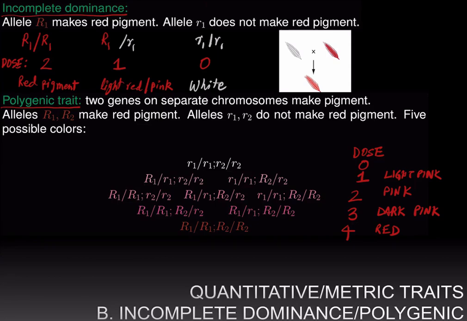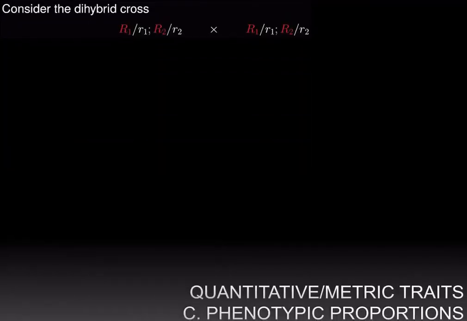So in order to see how intermediate values or intermediate doses are the most frequent, let us compute the phenotypic proportions of a dihybrid cross of this wheat kernel color trait.